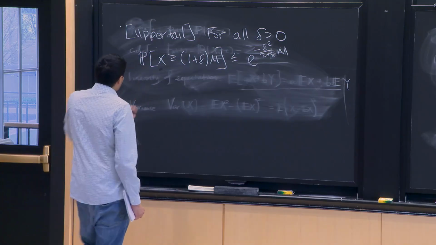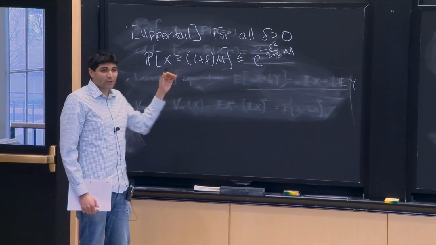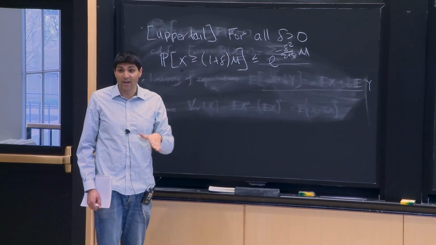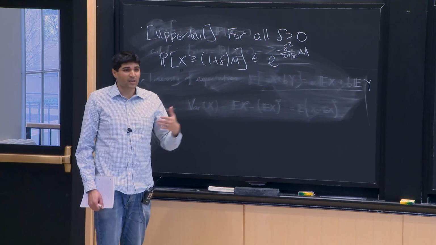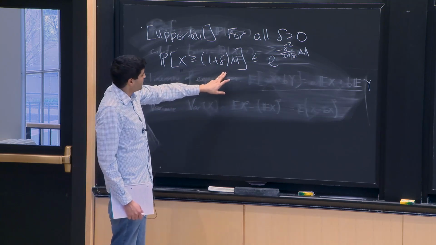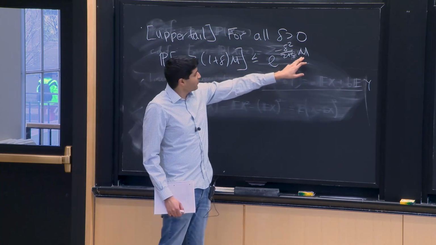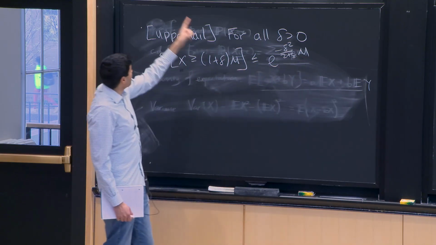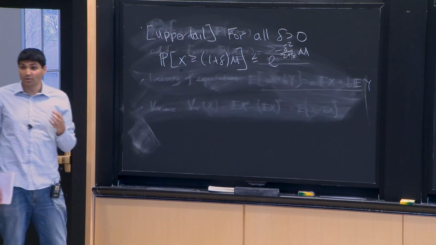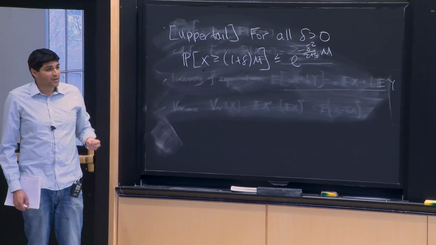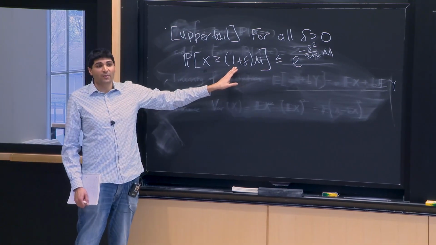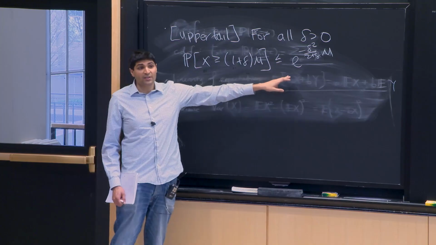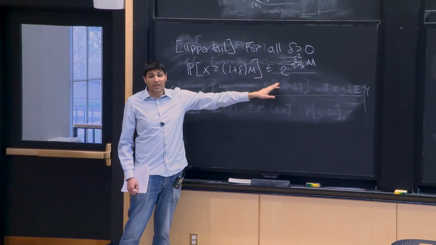But the larger the number of flips, well, the more it should be driven to going back to the average, right? That's what things like the weak law of large numbers are telling us. And the way that this shows up is really in this mean mu. Because as the number of flips n gets larger and larger, my mean is larger and larger. So the chance that I have 10% too many heads is going down exponentially with the number of flips I make.